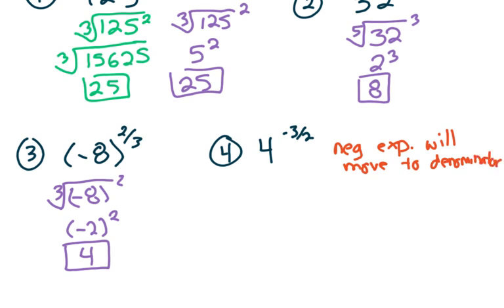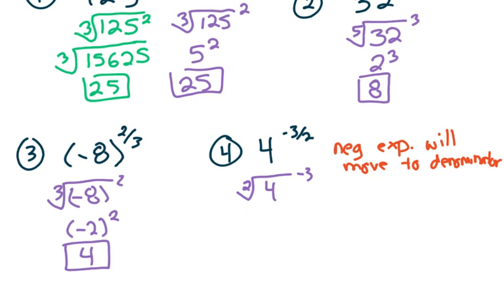So we're just going to treat it like a normal bow tie problem until we get to the fact that we need to use the negative exponent. So the bottom goes on the outside. So the square root of 4 to the negative 3rd power.